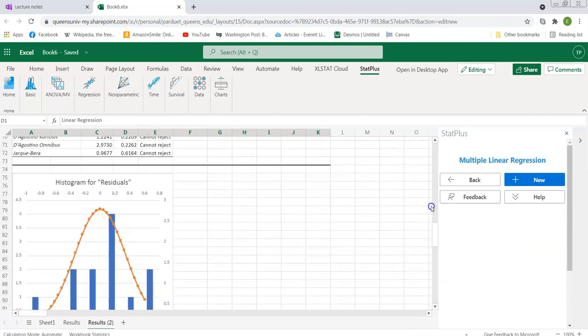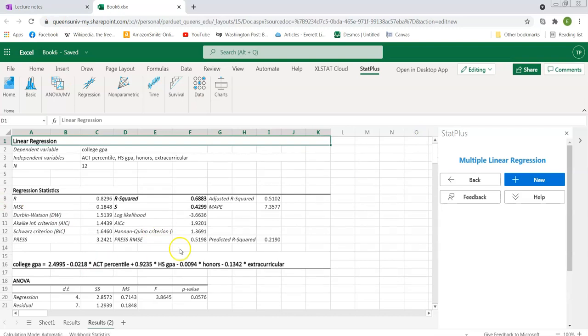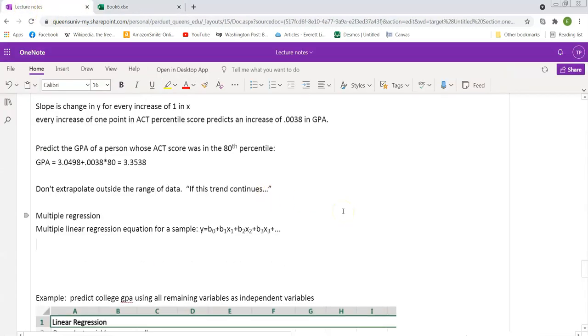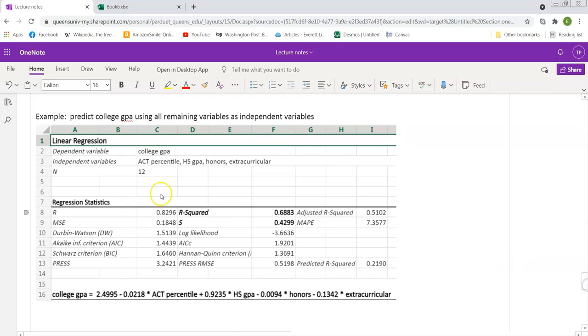And here's all of our output. I've already copied this and put it over here. The important part, just like it was before, is this equation.